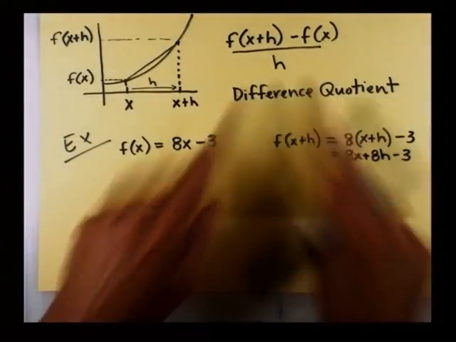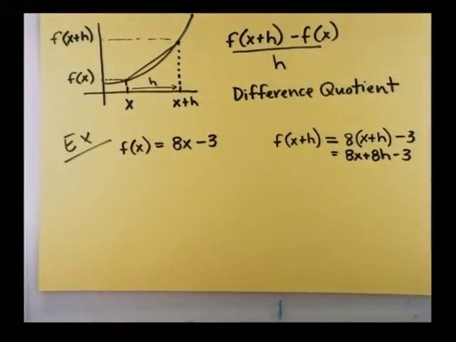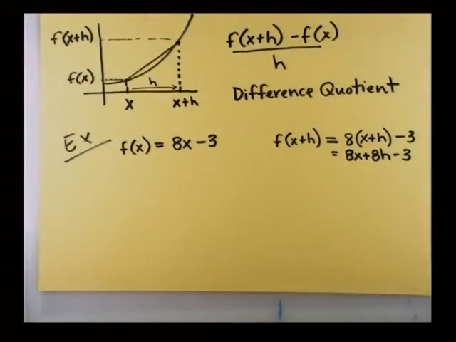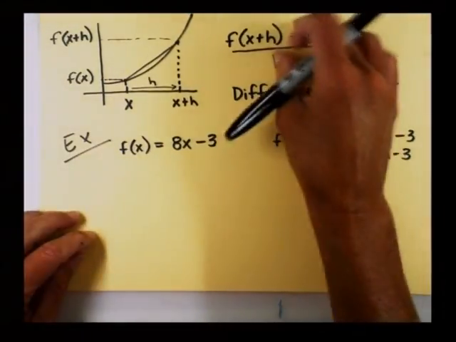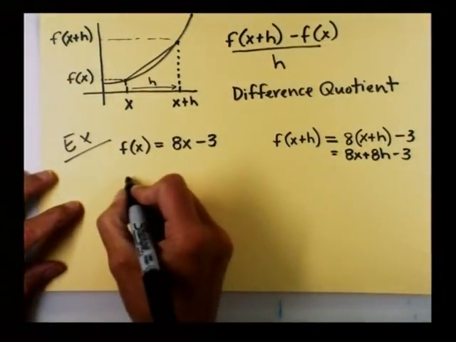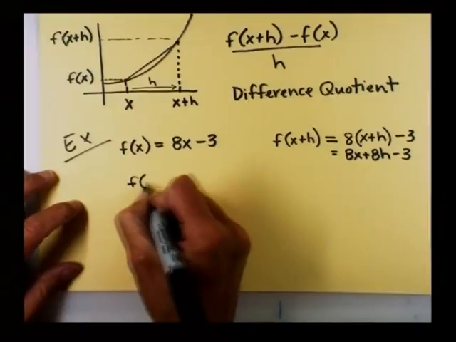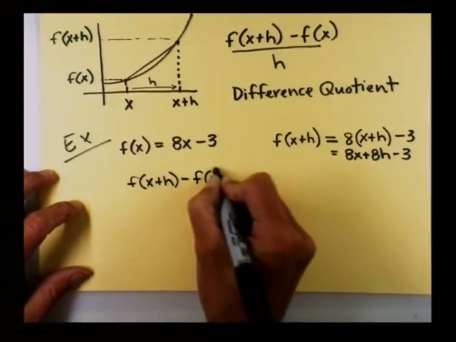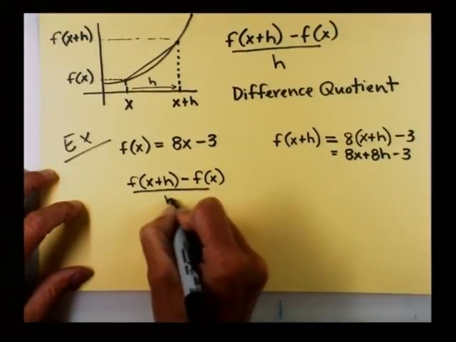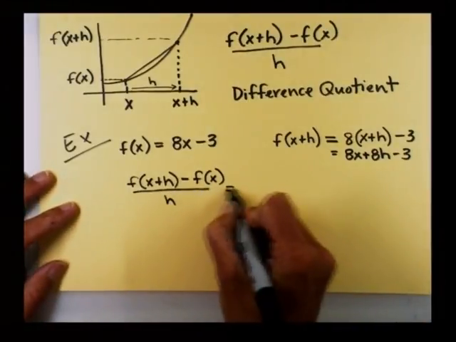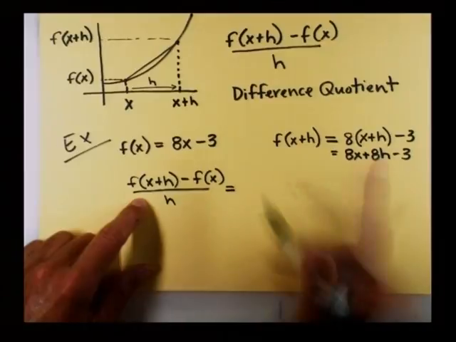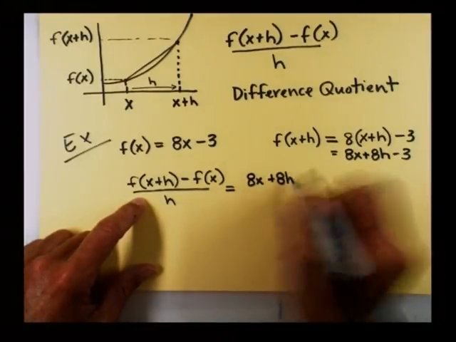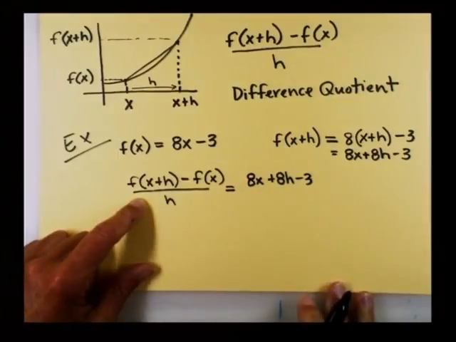Okay, so I have my 2 pieces that I need for the difference quotient. I have my f of x and I have my f of x plus h. So let's take those pieces now and put it into our difference quotient of f of x plus h minus f of x all over h. Okay, my f of x plus h I found was 8x plus 8h minus 3.